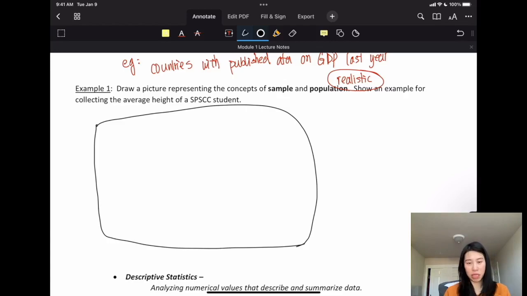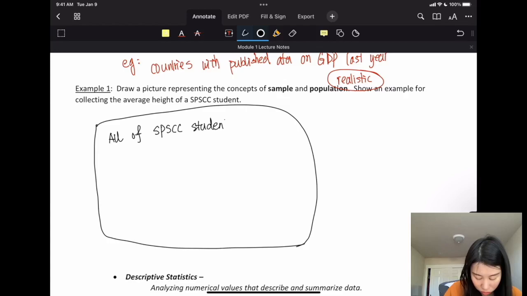So the entire group means we need to interview all of the SPSCC students about their heights, all of them. So maybe we'll get the result that the average height of an SPSCC student is 5'7".